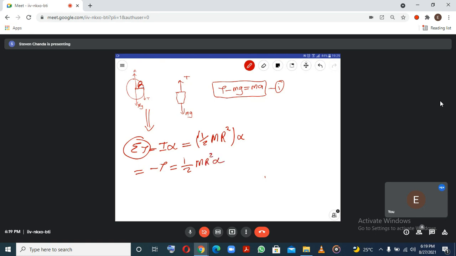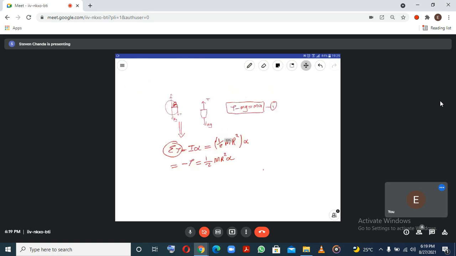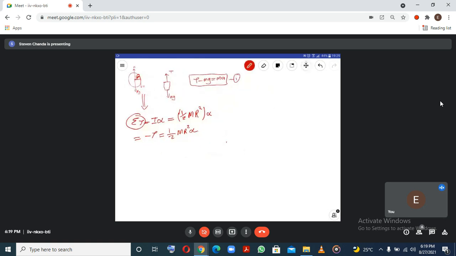Now, for this torque that we've calculated, we know what's providing the torque. It's being provided by the tension multiplied by the radius. The tension is from the rope that's connected to the bucket, and the radius is the distance from the center of the wheel.